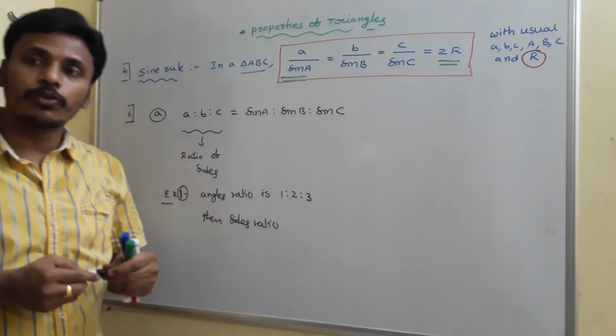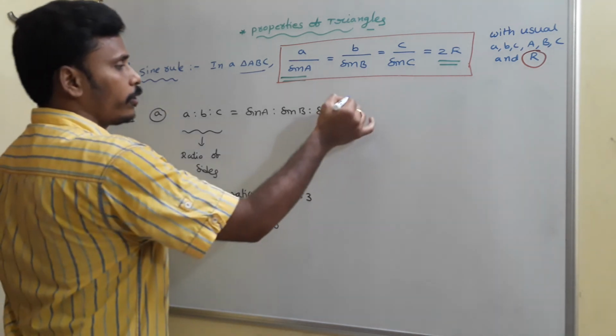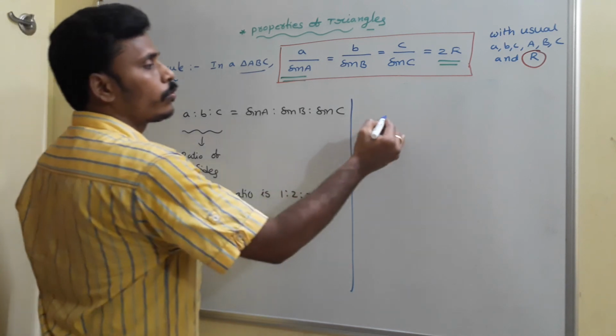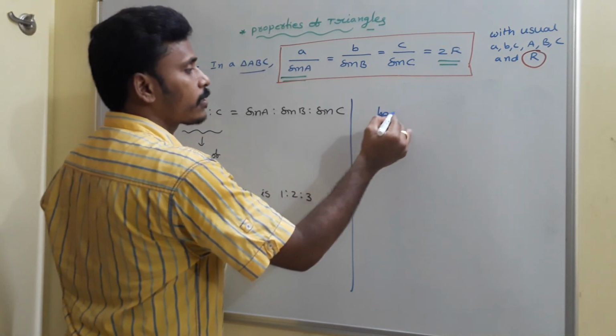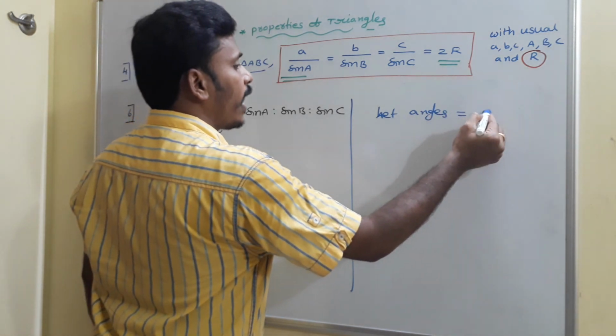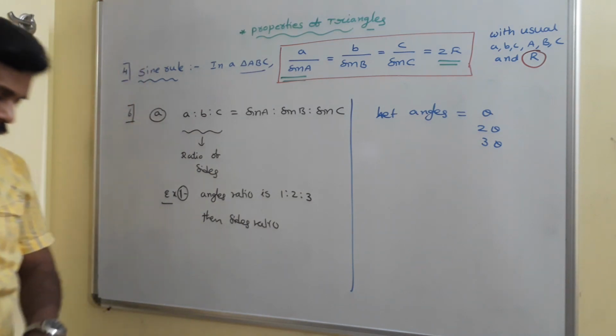Angles ratio is 1 is to 2 is to 3, and now we are going to find the sides ratio. If angles ratio is 1 is to 2 is to 3, what do we need to do? Since the angles ratio is 1 is to 2 is to 3, you need to let the angles be theta, 2 theta and 3 theta.